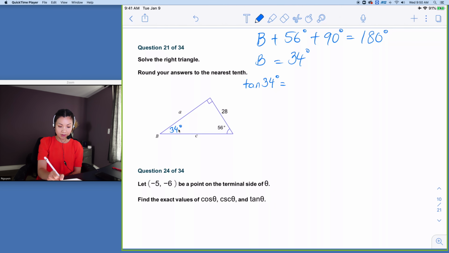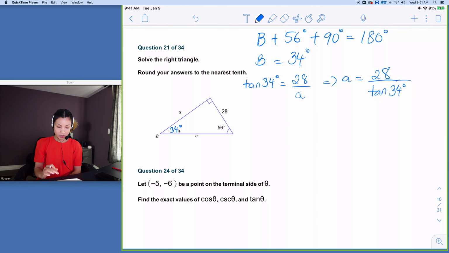So what I have is 28 over A. Okay, so how do we solve for A? We can just play it around. So if I multiply A over here, then A would be 28 divided by tangent of 34.